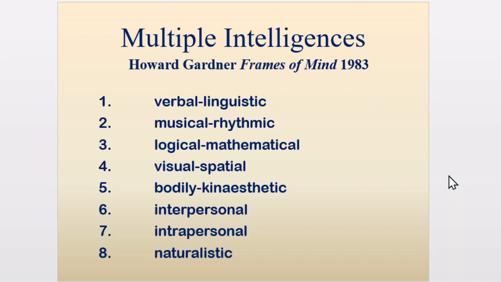Howard Gardner says that there are 7 to 8 to 9 different kinds of intelligences. He originally came up with 7 and he added a few more later on. Multiple intelligences means that what we used to think of intelligence in human beings is not a single thing.